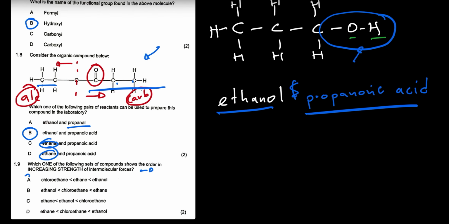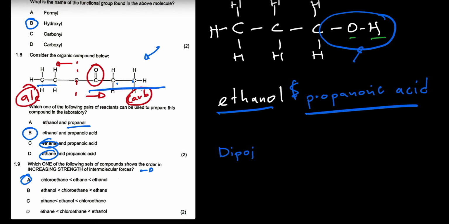So number A, we have chloroethane. What is chloroethane? That means we have a haloalkane. So on the haloalkane, number A, we know that we have dipole forces as the stronger forces.